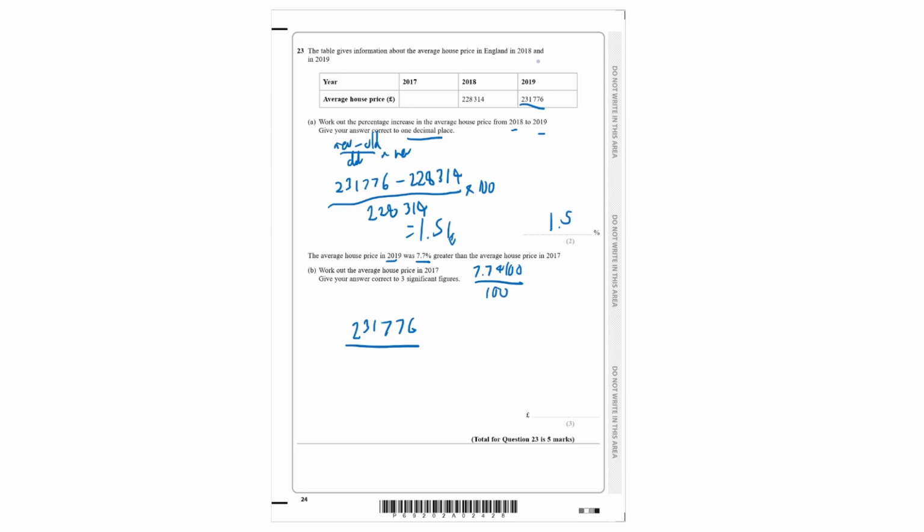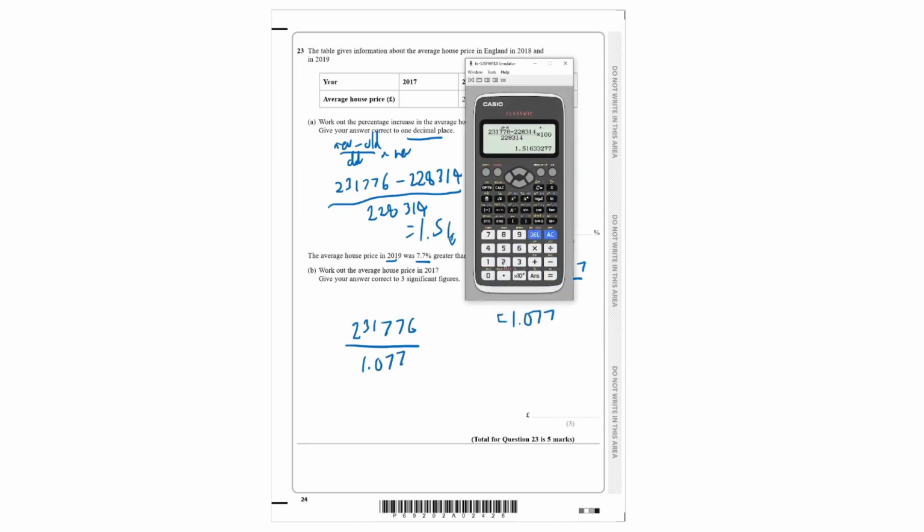So 7.7 plus 100 is equal to 107.7, divided by 100, so we have 1.077. So we divide by 1.077, and we can put this into a calculator. We have 231,776 divided by 1.077.